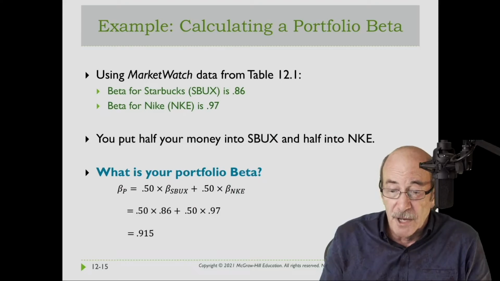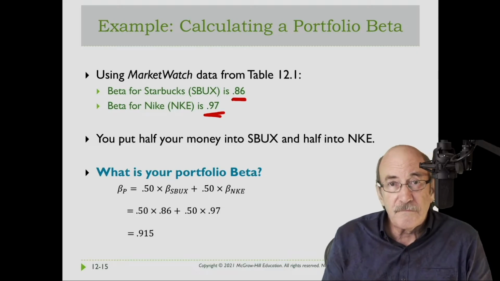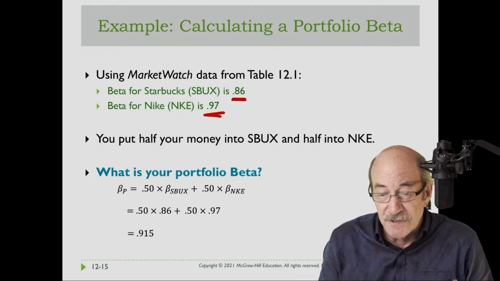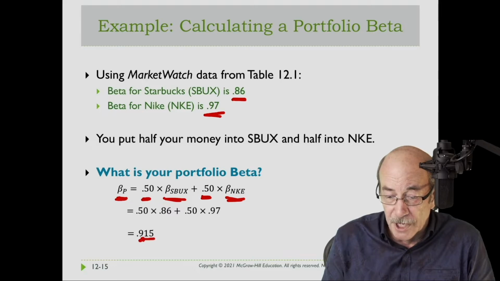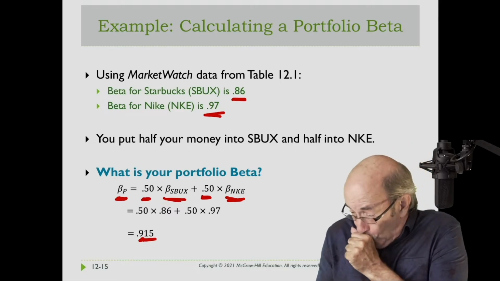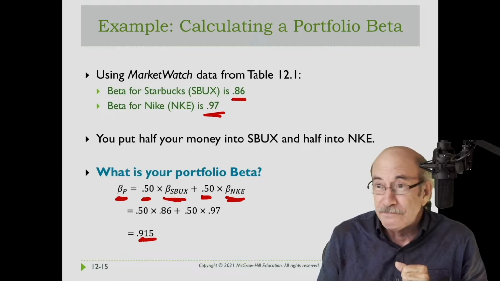So, for example, let's say we had a beta of 0.86 and 0.97, equal amount of money in each of these stocks. So the beta of the portfolio would be 0.5 times the beta on Starbucks and 0.5 times the beta on Nike, or, pardon me, portfolio beta of 0.915.